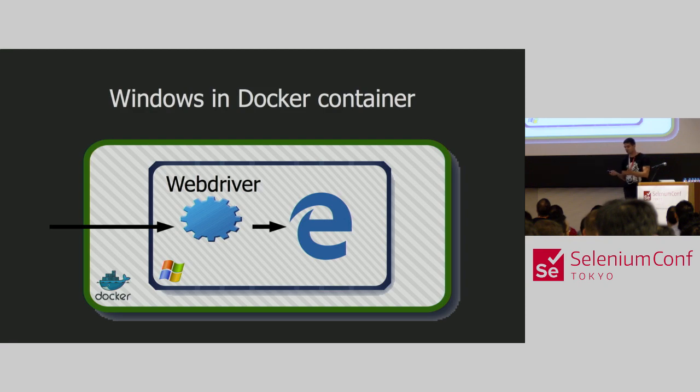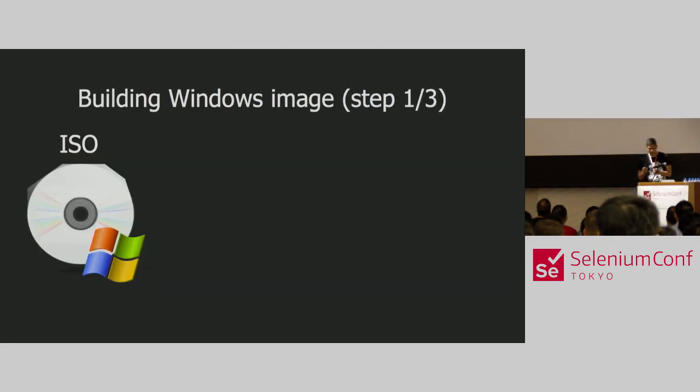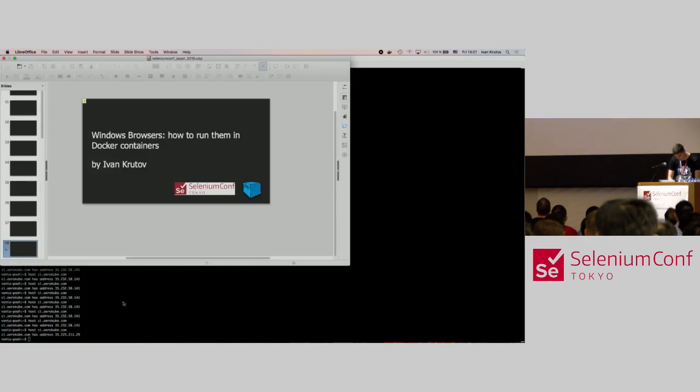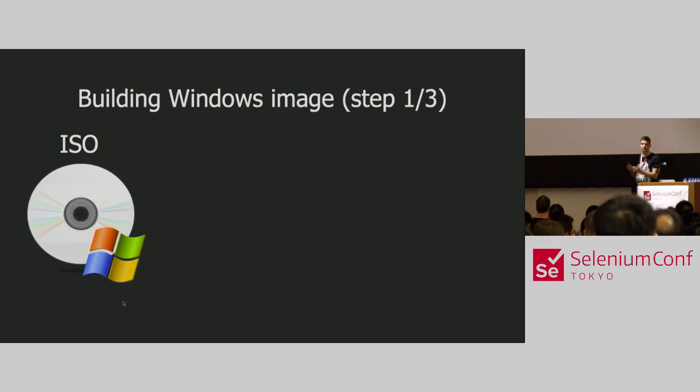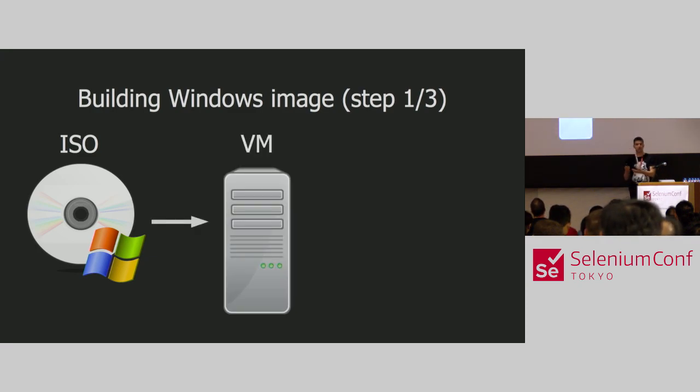A build procedure for such images usually consists of 3 main steps. First of all, we take an installation disk image with Windows and launch a virtual machine using this installation CD, and then follow the Windows installation steps.